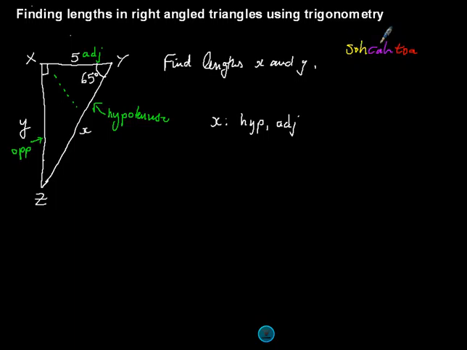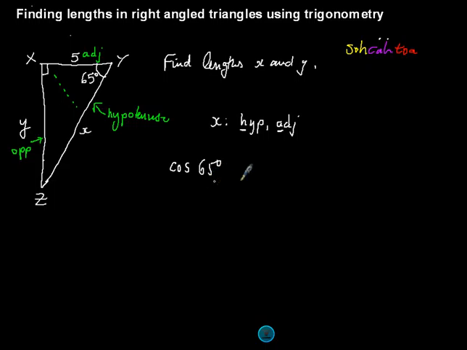Is it sine, is it cosine, or is it tangent? Well, I want to be using the hypotenuse and the adjacent. Where do these come up? Well, it's going to be cosine, because here I've got the adjacent and the hypotenuse. Cosine seems like the right ratio to use.